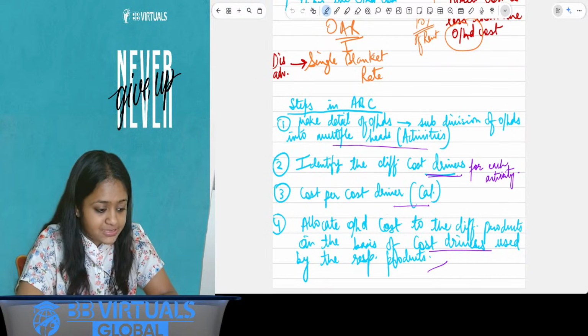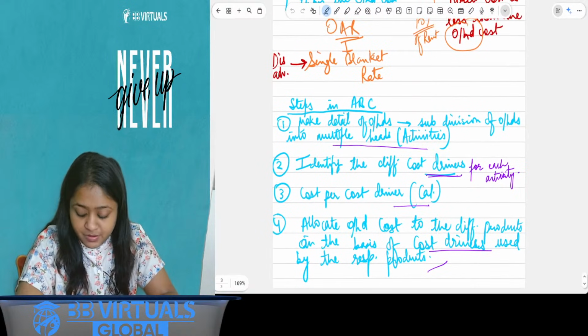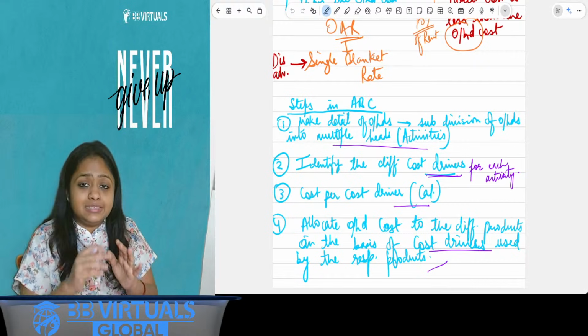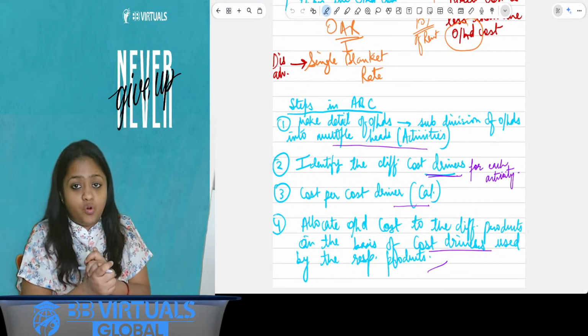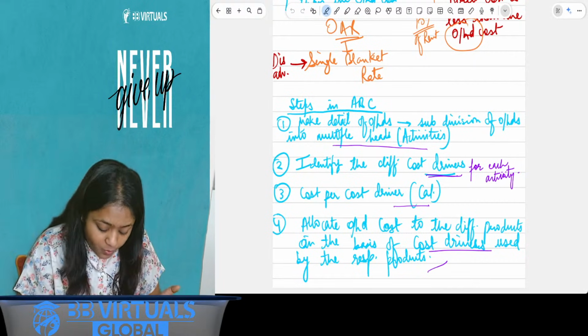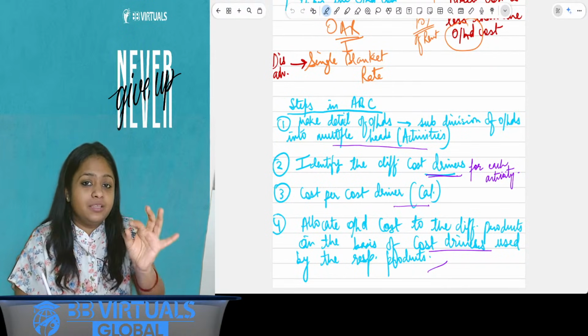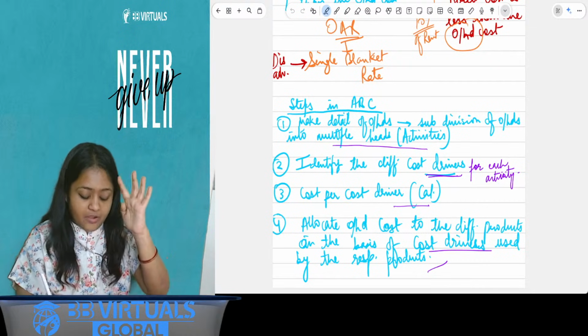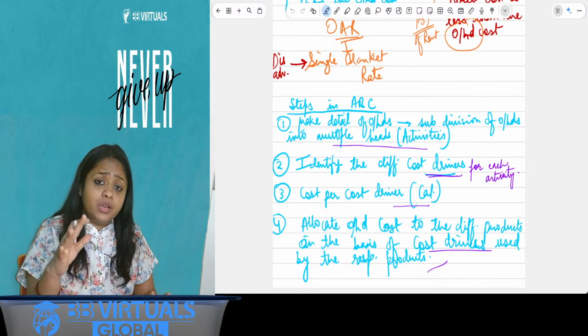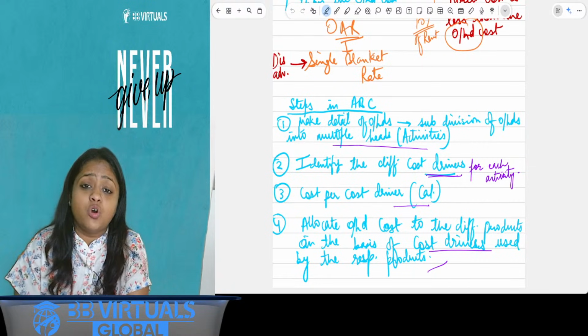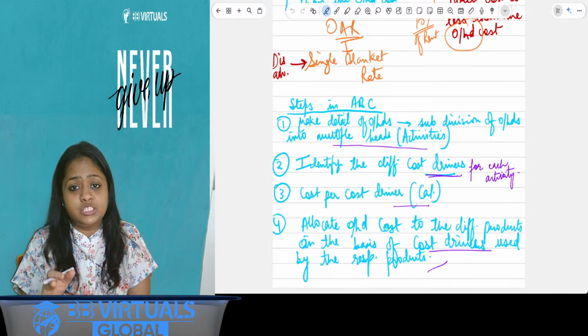Got it? Now what are the steps that we follow in ABC? Number 1, make the details, the different subcategories of the overheads. Then for every overhead, you assign the different cost driver. Third step, get the cost per cost driver. And fourth, allocate the overhead cost to the different products based on how many cost drivers they are using for each overhead.